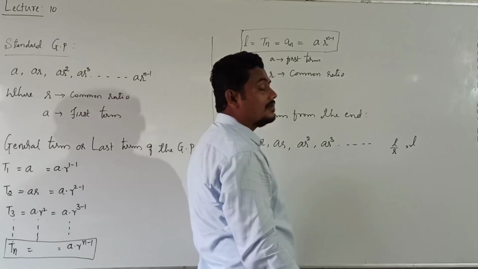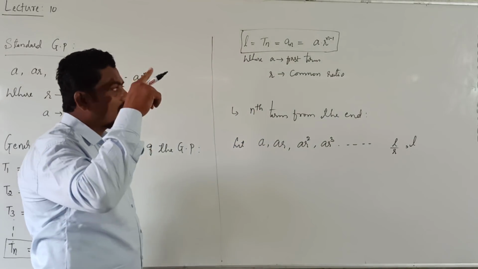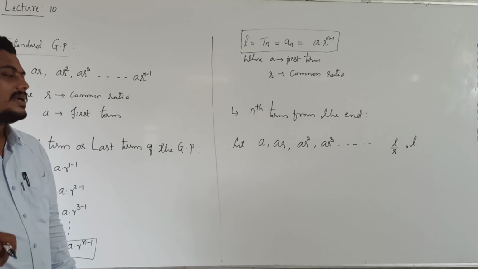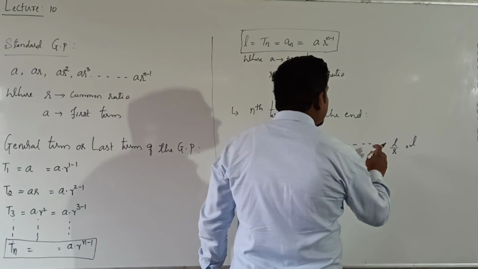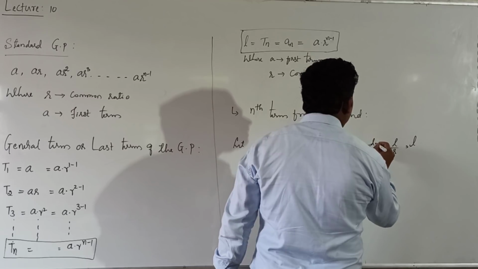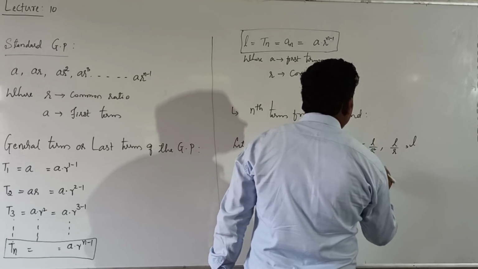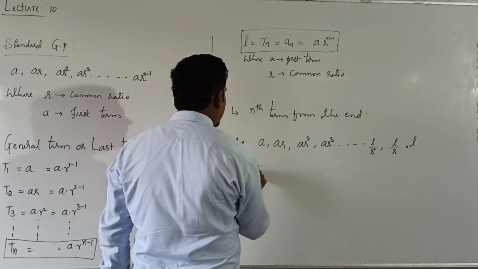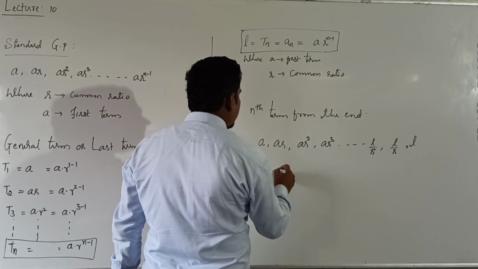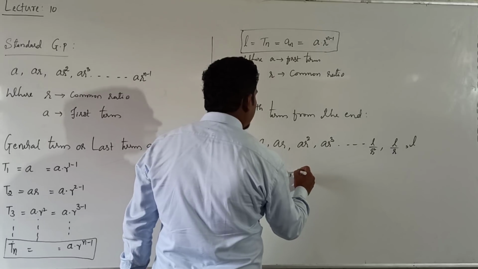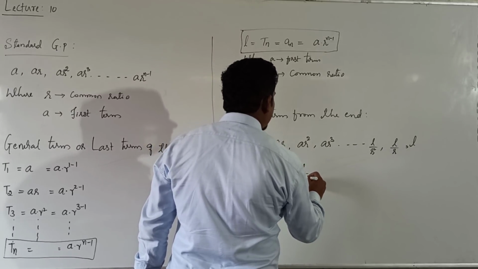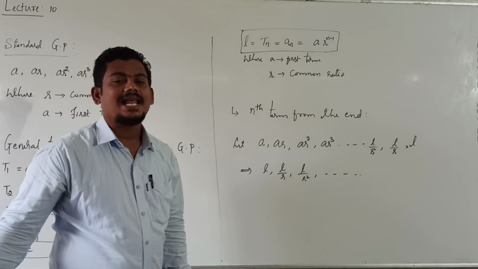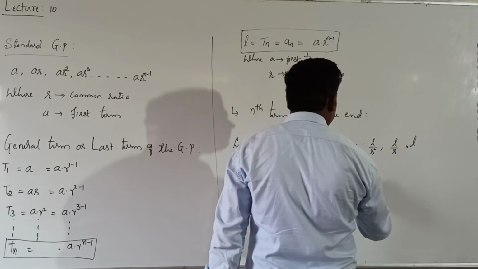L by R. What is its previous term? L divided by R square. Then L by R, L by R square, L by R cube, and so on. If you rewrite it, then last term is A.